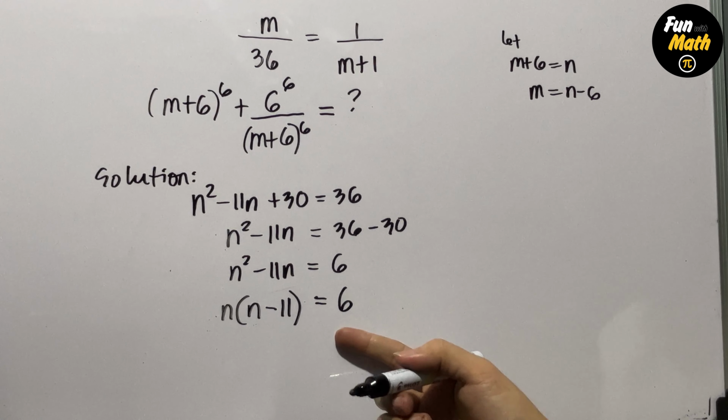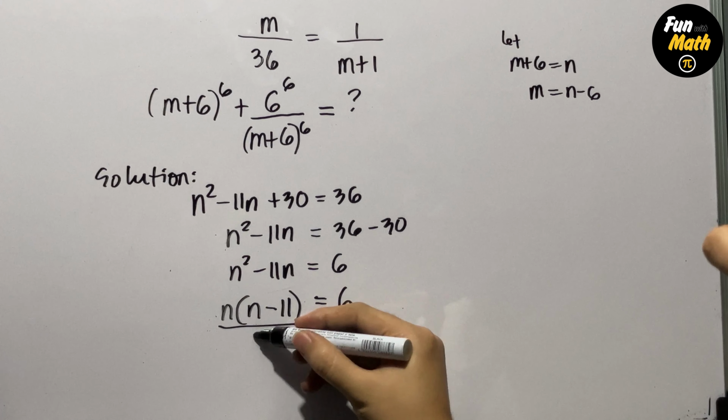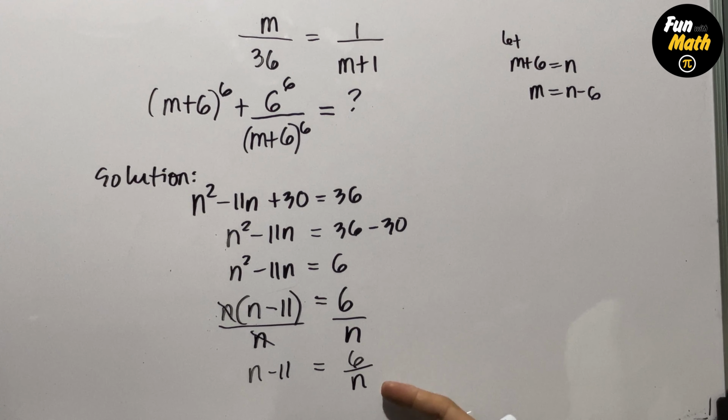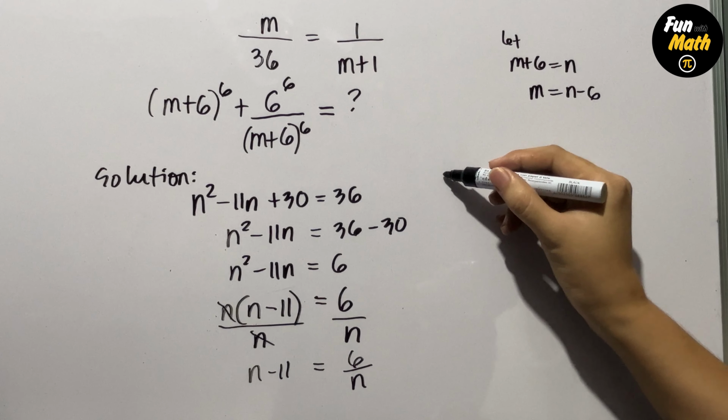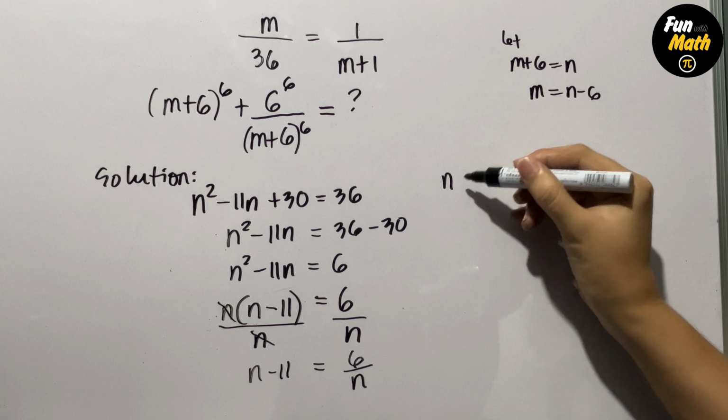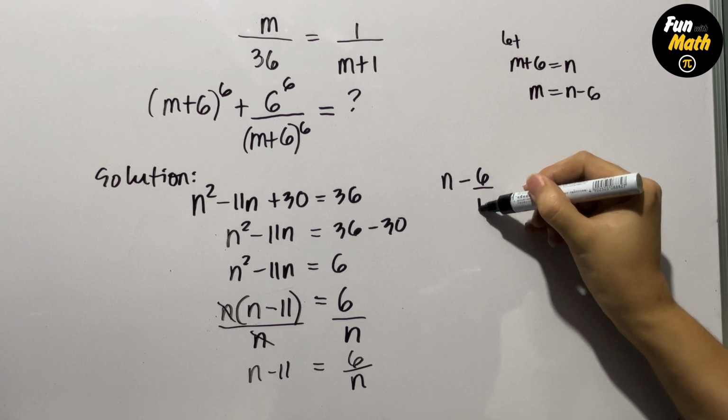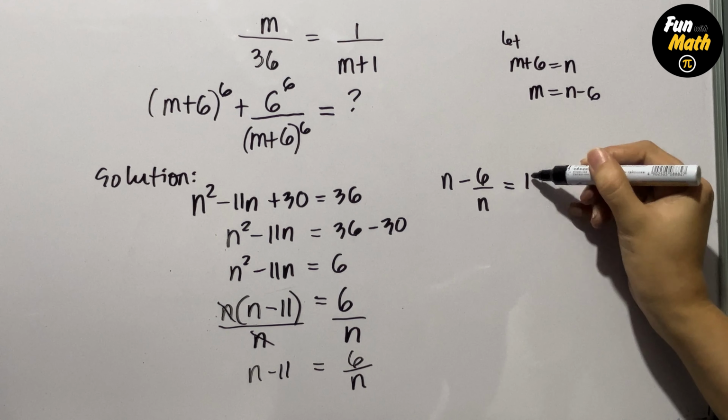Next, we can divide both sides by n, so this is cancelled out. We're left with n minus 11 equals 6 over n. Next, we can take 6 over n to the left side and negative 11 to the right side. So this is now n minus 6 over n equals positive 11.